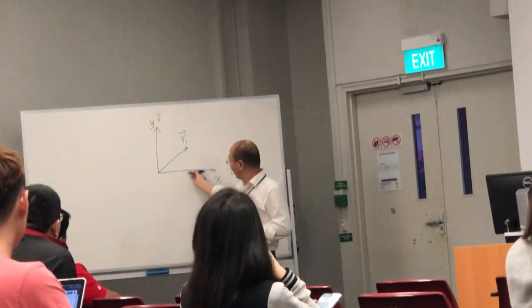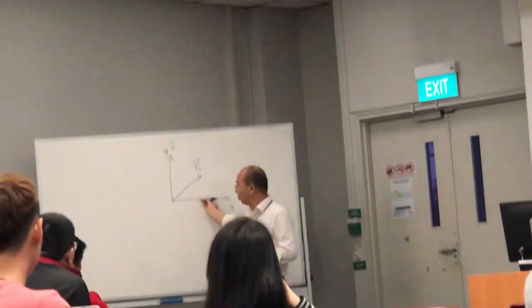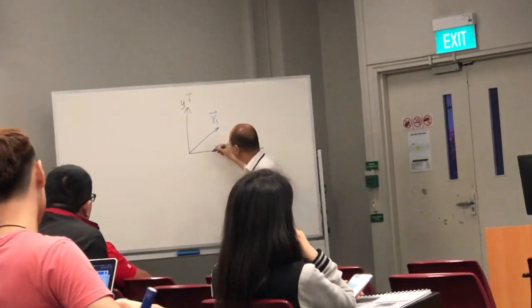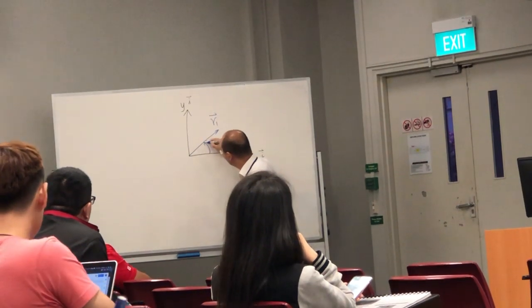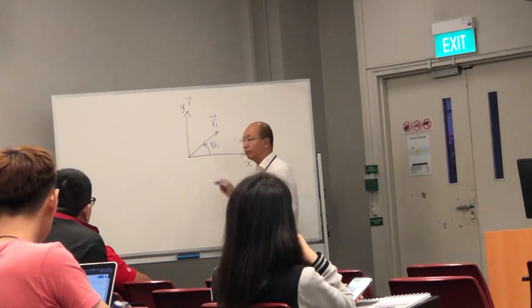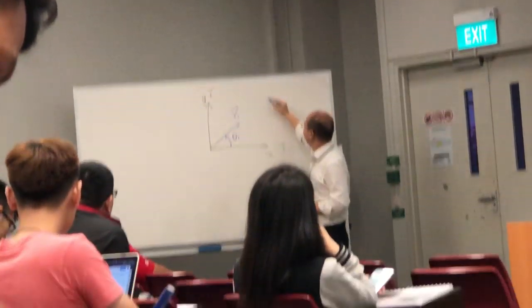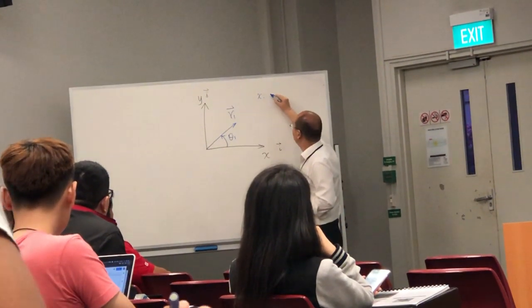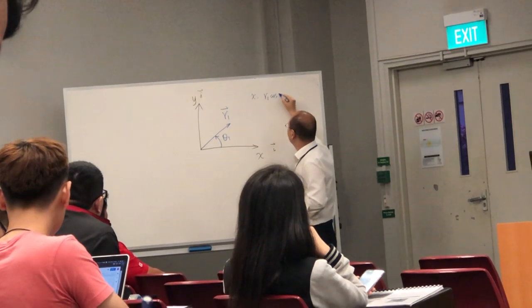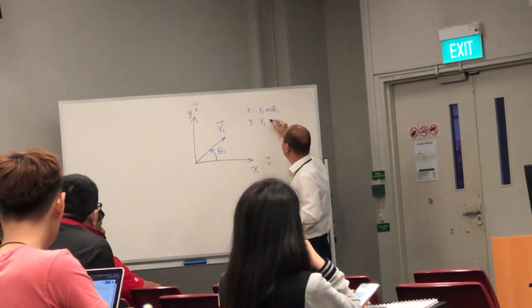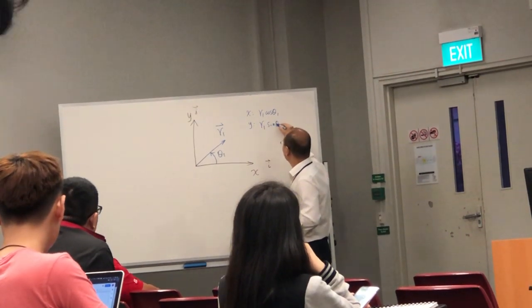You always start from x positive, rotating anti-clockwise to the vector. So that is from here to here. This one we call the orientation angle theta 1, right? If you follow this, basically the x components will be R1 cosine theta 1. Y components will be R1 sine theta 1. Correct?